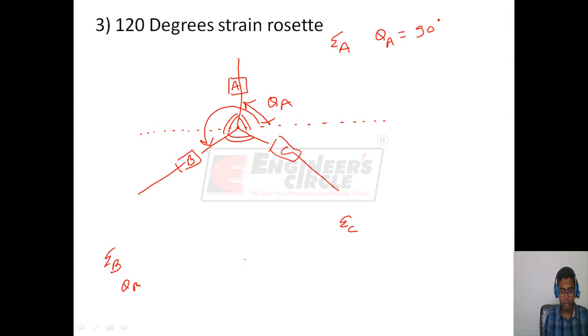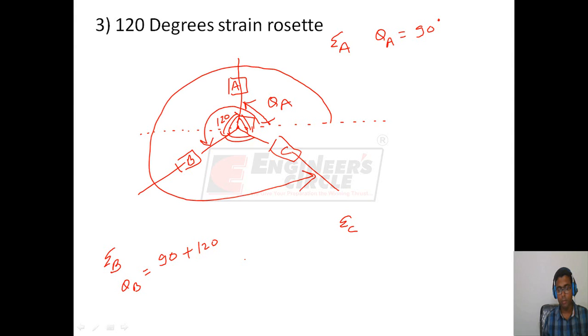So theta B is equal to 90 plus 120, that is this 120 from here to here, and 90. And epsilon C again has to be measured from horizontal, positive in counterclockwise direction, that is this angle will be theta C. So theta C will be equal to 90 plus 120 plus another 120.